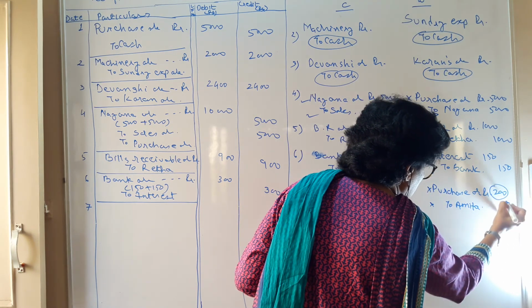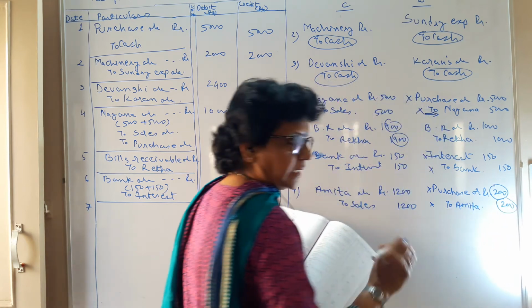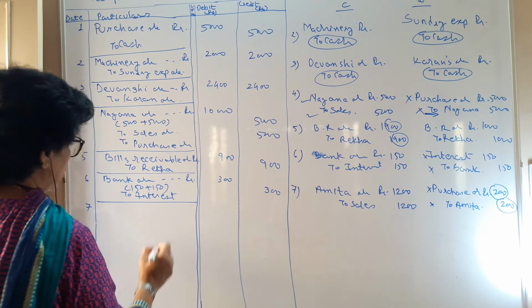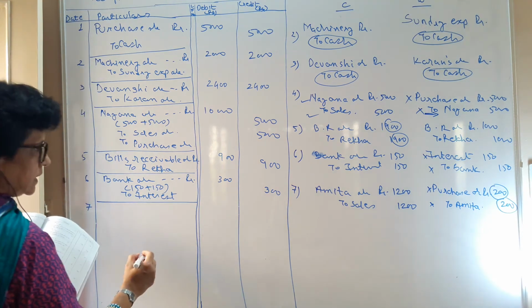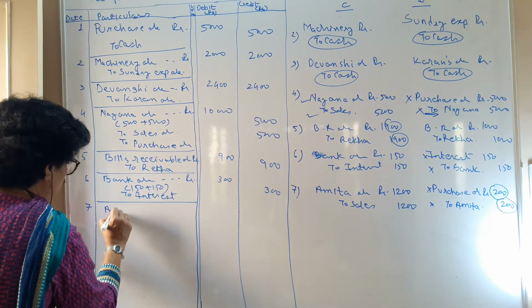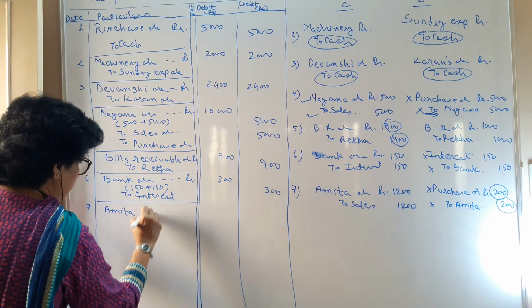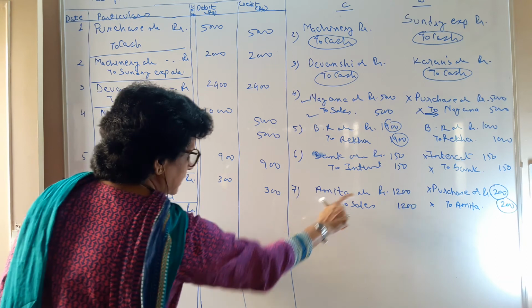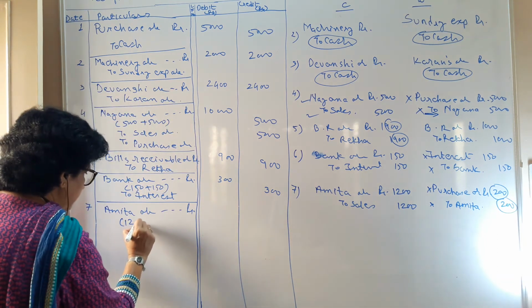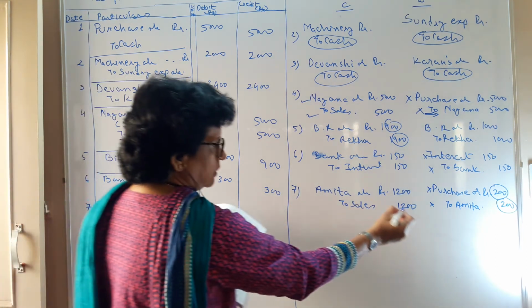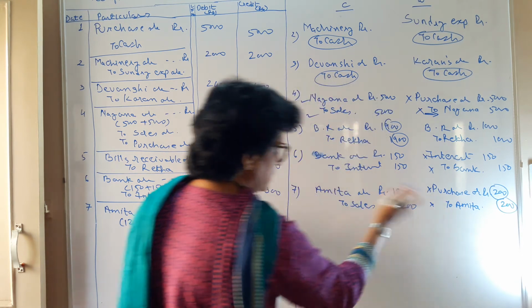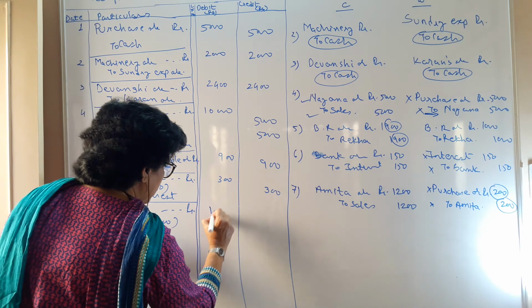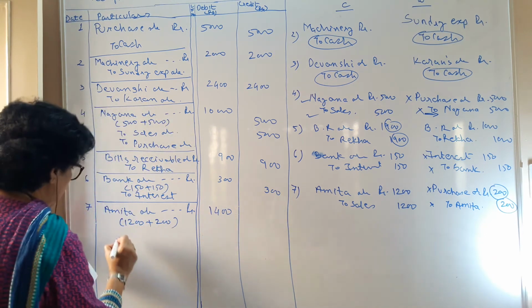So when you double the figure, doubling is not to be done, but the original figure plus 200 only is to be done. So the rectification is Amita account debit. How much do you have to debit? The correct 1200 to be debited, plus here to nullify this Amita credit you have to debit 200. So altogether you are going to debit 1400.